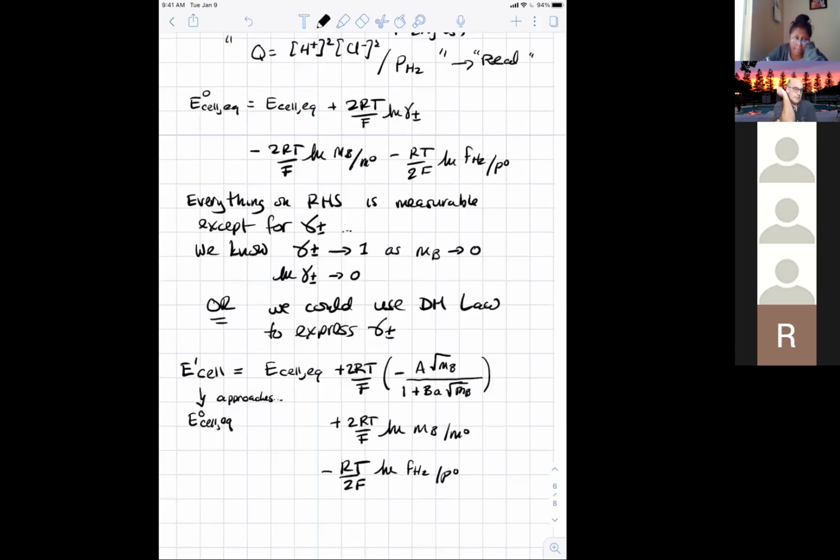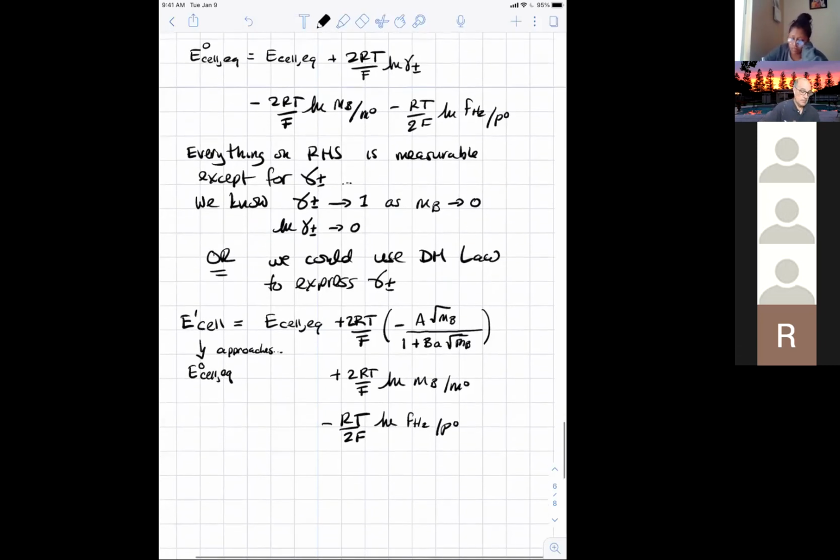Now, if you're at constant pressure, in other words, if in your standard hydrogen cell you have a regulated constant pressure, which is actually pretty easy to attain, then that last thing goes to a constant, right?